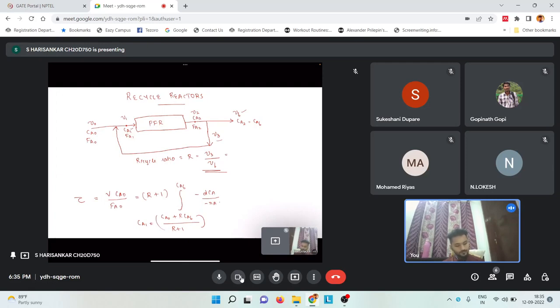So this is the general equation for a recycled PFR, or recycled plug flow reactor.